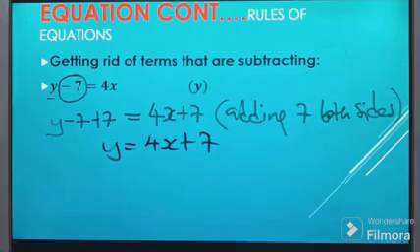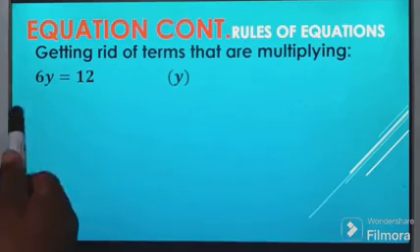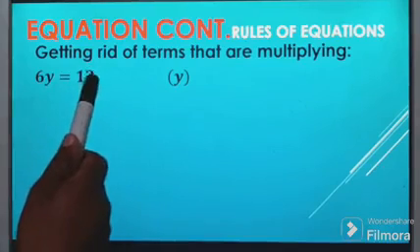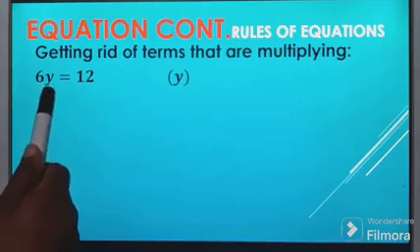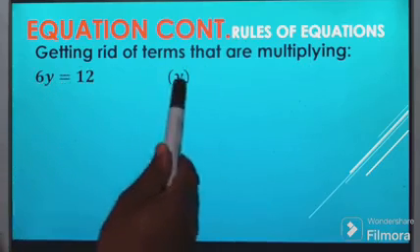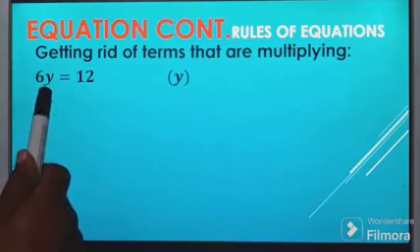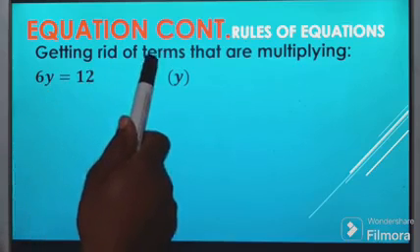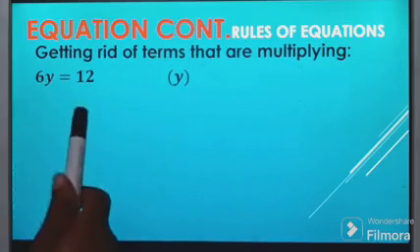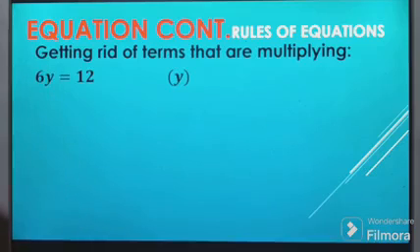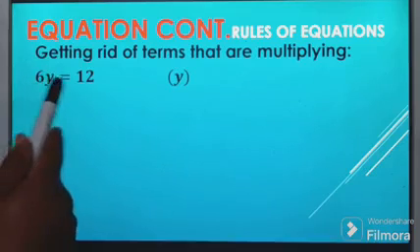Let's move on. Now, suppose we've been given an equation: 6y is equal to 12. We want y to be the subject. What do we do? How do we get rid of a multiplying term? How do we get rid of a number which is multiplying a letter?